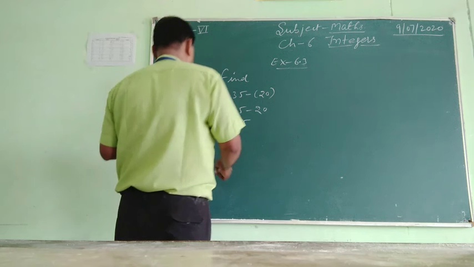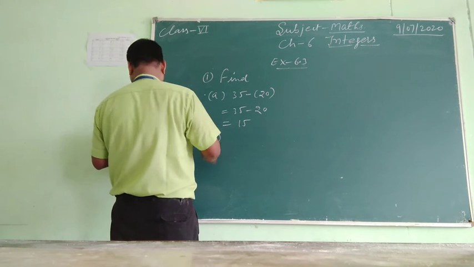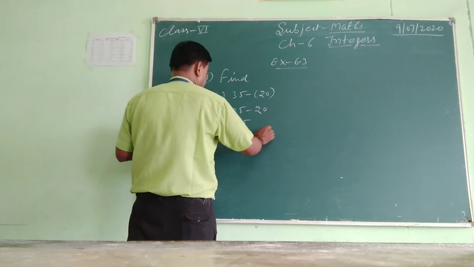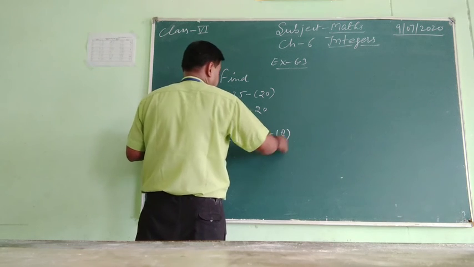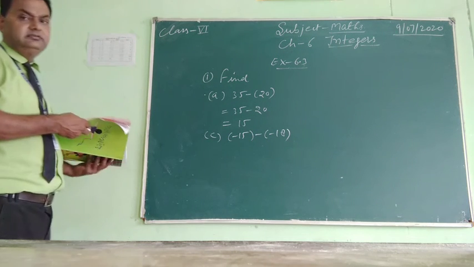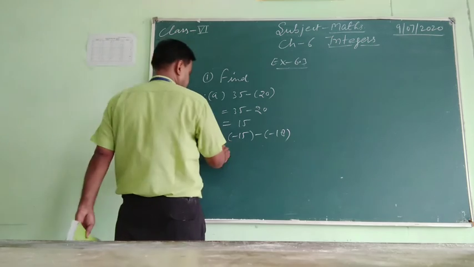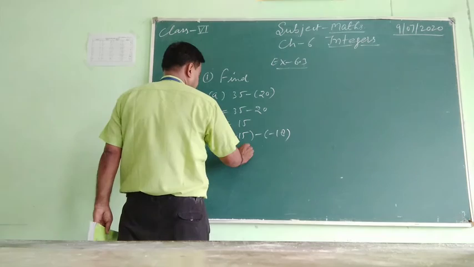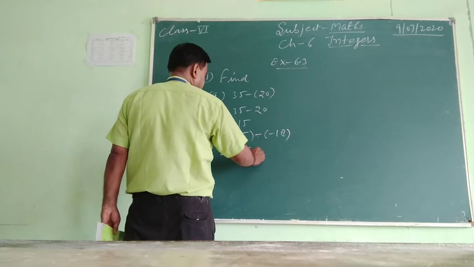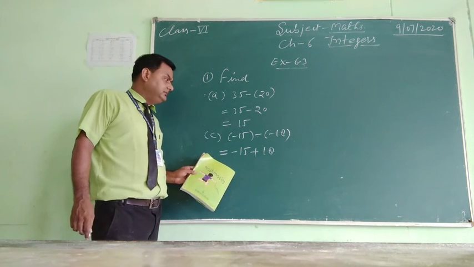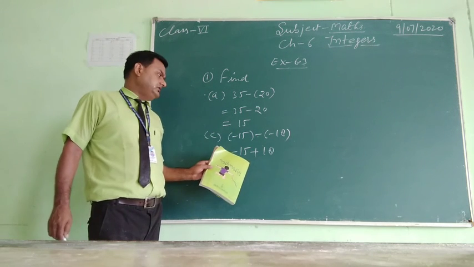C part, minus 15 minus minus 18. Minus 15 minus minus 18. Minus 15 minus minus becomes plus 18. 15 is negative and 18 is positive.